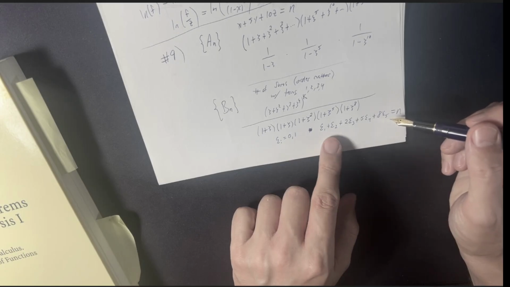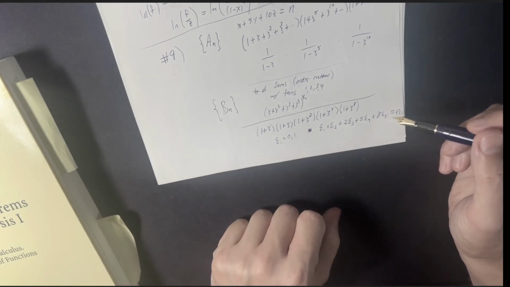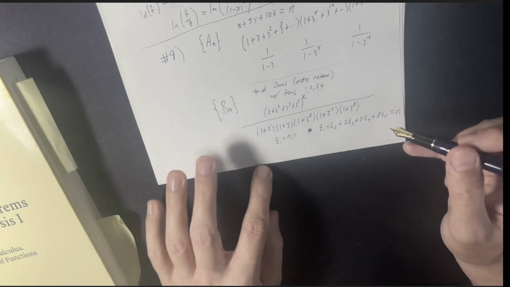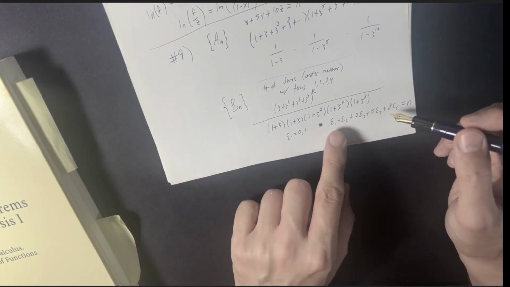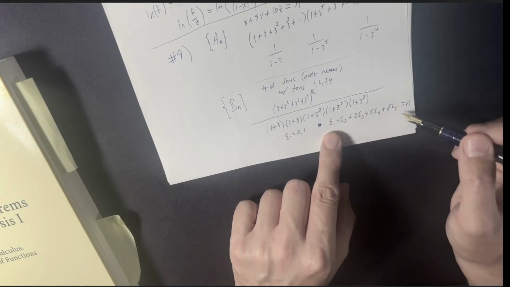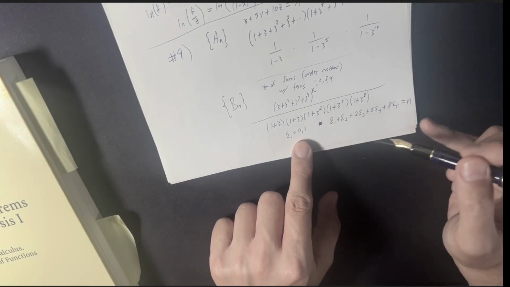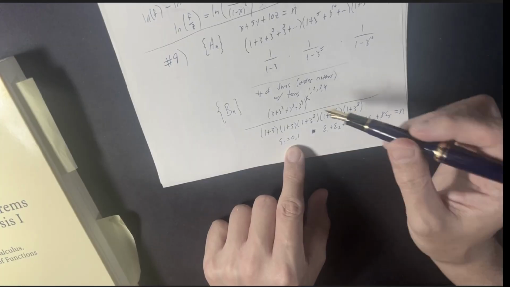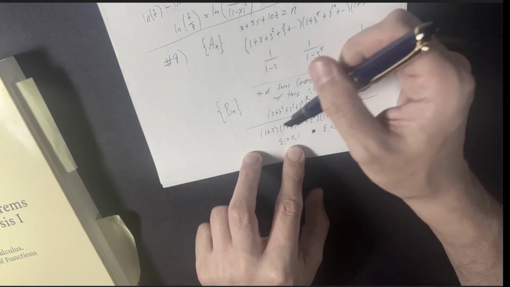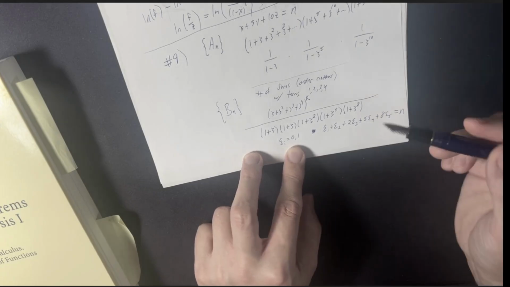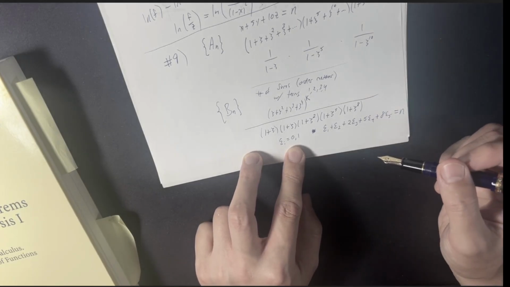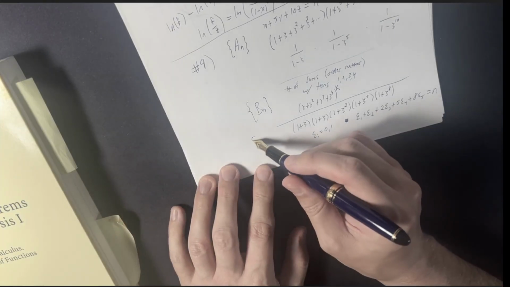That's analogous to our question about the weights. The number of solutions to this equation under this condition is given by the nth coefficient of this expansion if you were to multiply this product out. Those coefficients are going to be called Cn.